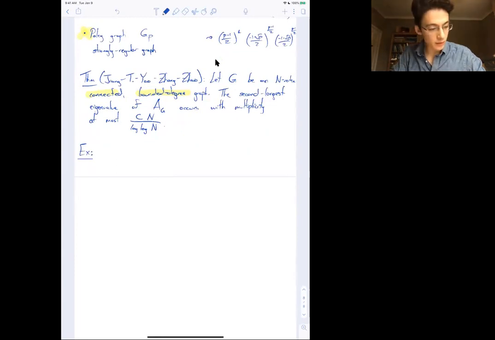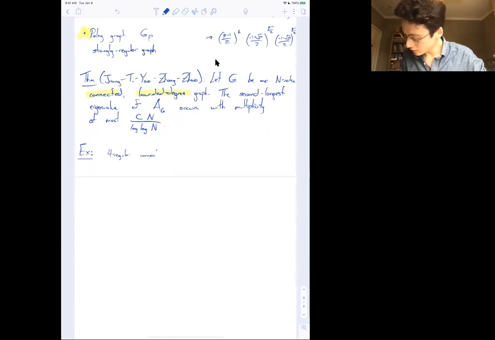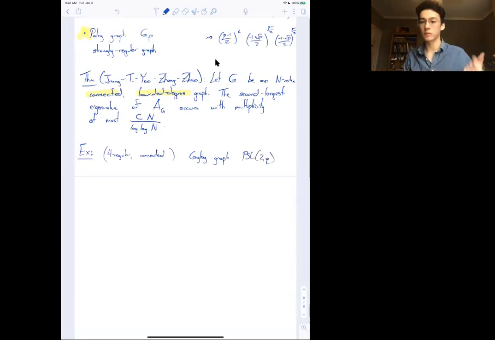The simplest example is a four regular graph. You can take a certain Cayley graph on the group PSL2(q). This is some highly non-abelian finite group. So you can take some four regular Cayley graph on it.